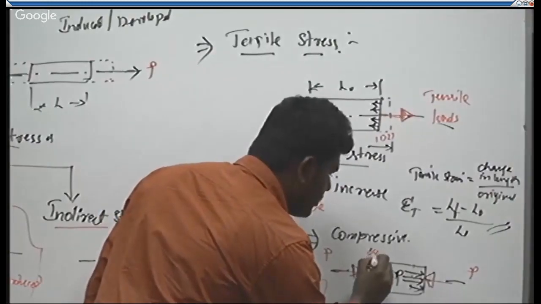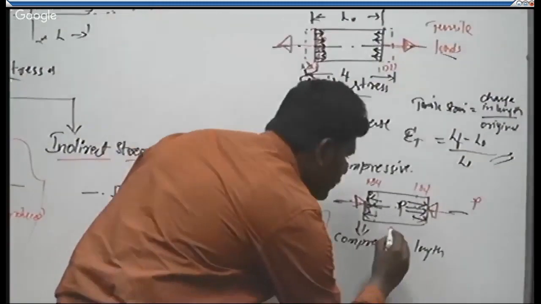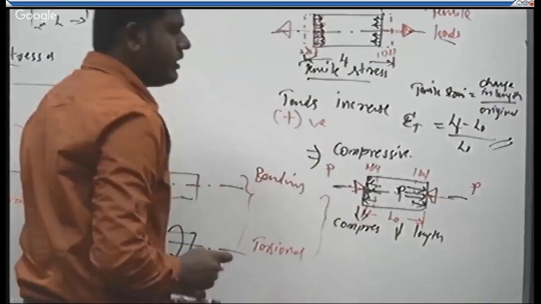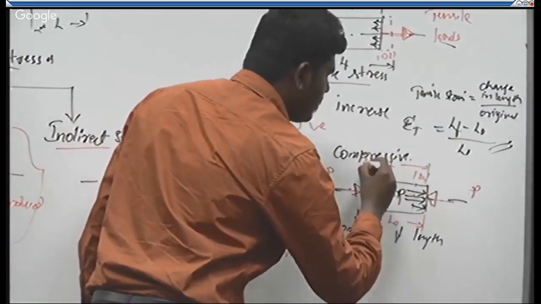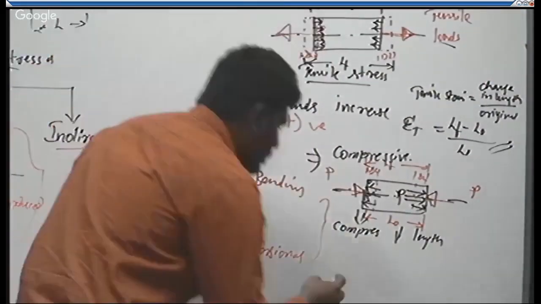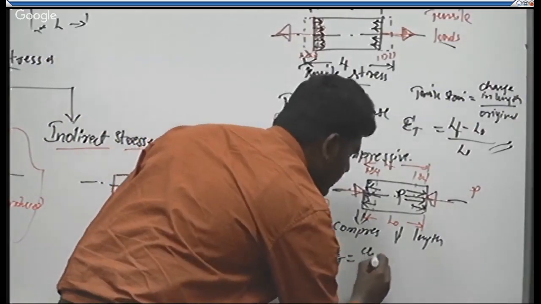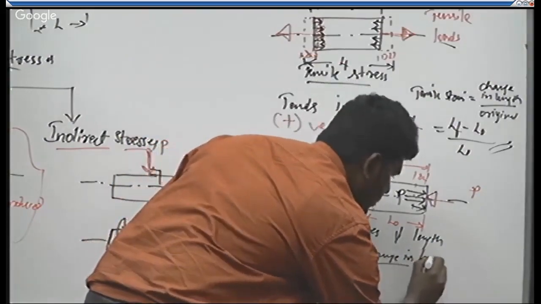Length becomes shorter. So this is the change of length that has occurred. This is the original length before it was loaded, right? And this is the final length after loading, okay? The corresponding compressive strain will be given by the change in length to its original length.